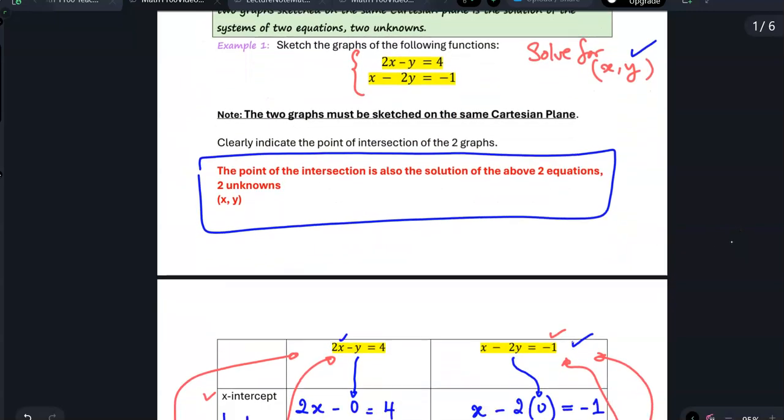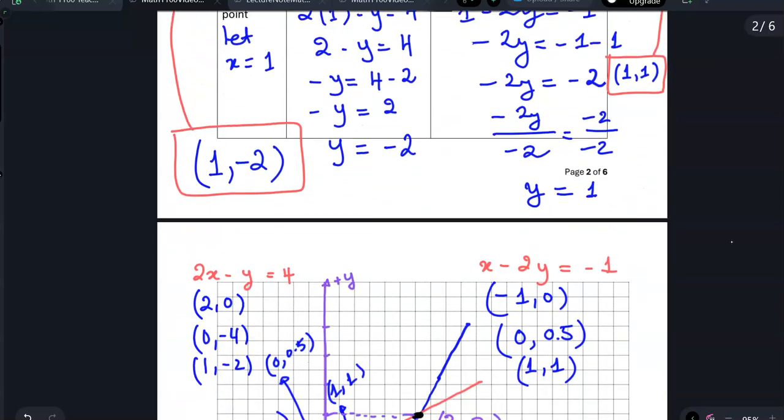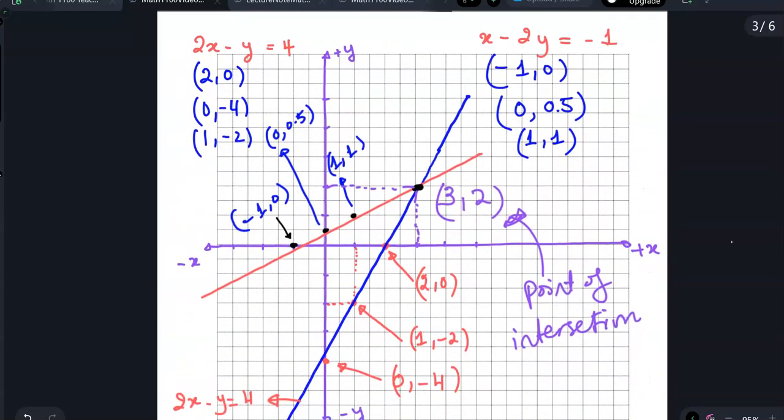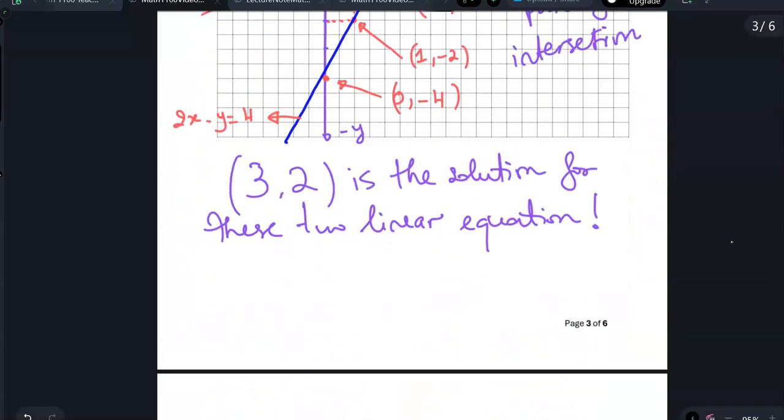So after you sketch the graph, if you sketch it very accurately, then you will find the point of intersection, and this point of intersection stays on both linear equation, so it is the solution for these two equations and two unknowns.